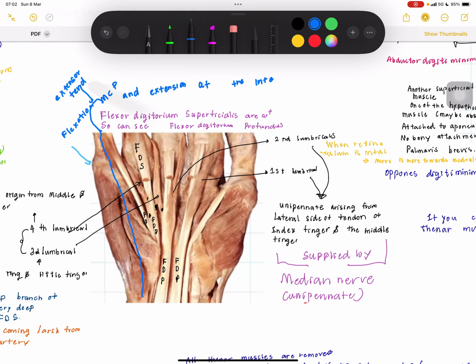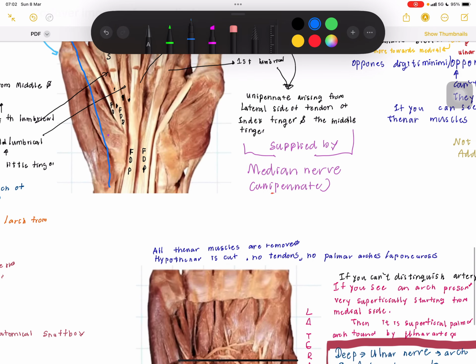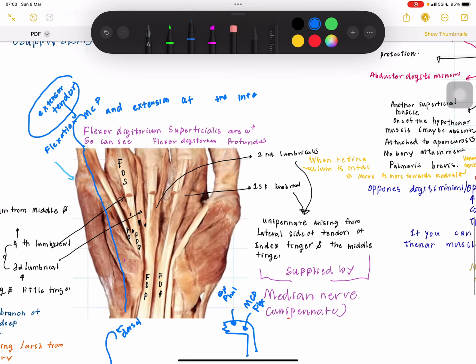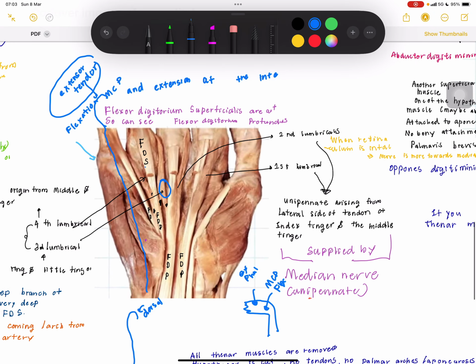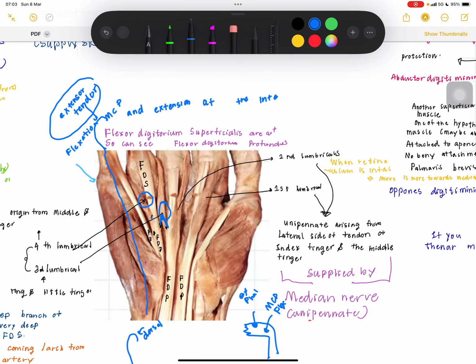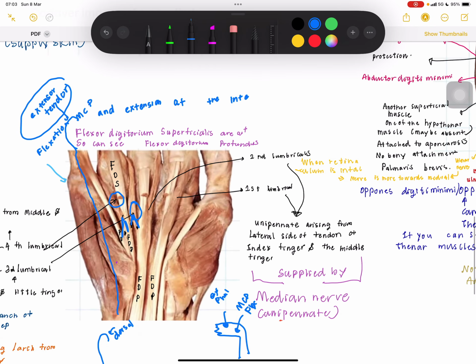So it enters the extensor tendon. It goes superficially, curves and goes to the dorsal side. When this happens, it can make the interphalangeal joint extend and the MCP joint flex.